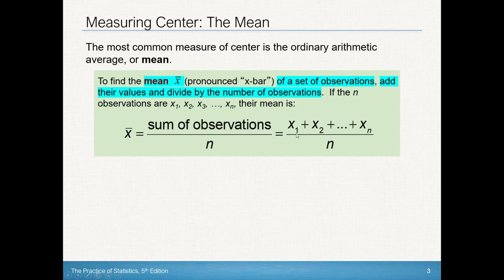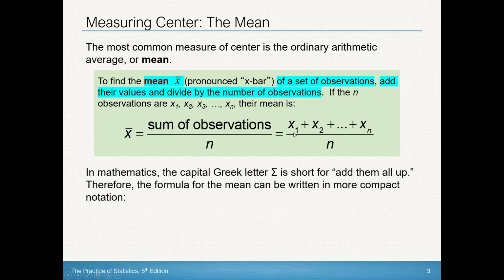You don't have to write this, but I do want you to write this last part here, this little symbol, because x sub i is the same thing as x sub 1 plus x sub 2 plus dot dot dot x sub n.